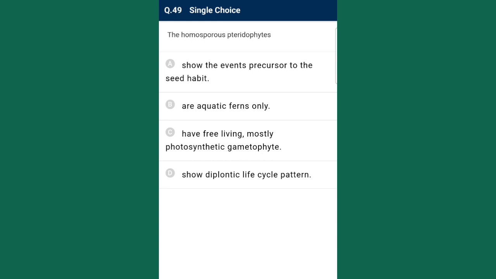These ferns having free-living gametophytes produce same kind of spores. Heterosporous ferns such as Selaginella, Azolla, Salvinia, etc. produce two types of spores. Smaller one is called microspores, larger one is called megaspores. So the answer for this question is option C, having free-living mostly photosynthetic gametophyte.